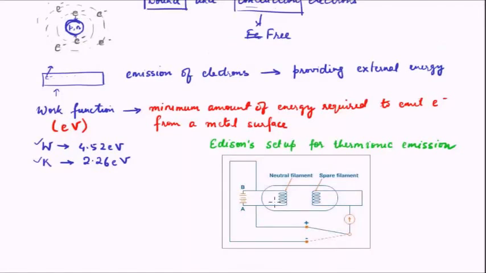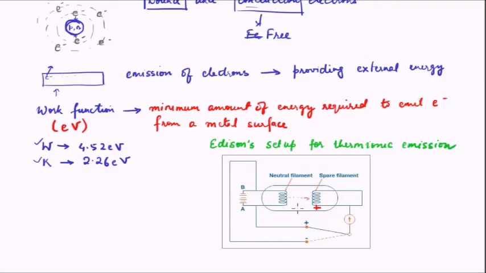Now he carried out two scenarios. In one scenario, he connected the positive terminal to the spare filament. As a result, what happened? This turned out to be a positively charged section, and when electrons were emitted from here due to the high potential energy from the battery, the electrons were attracted by this positive charge and they went and attached here.